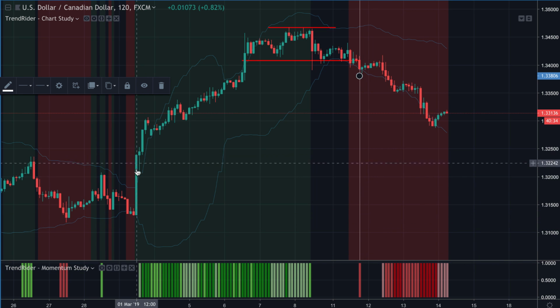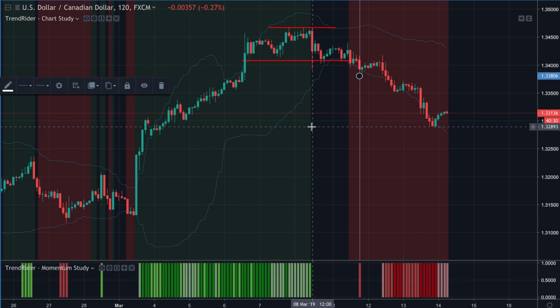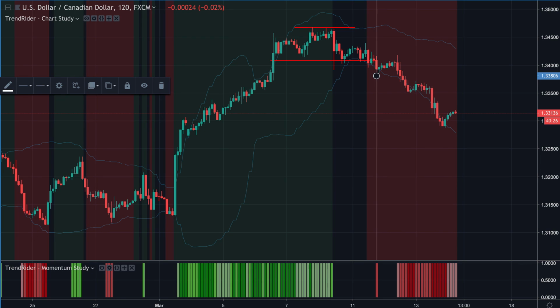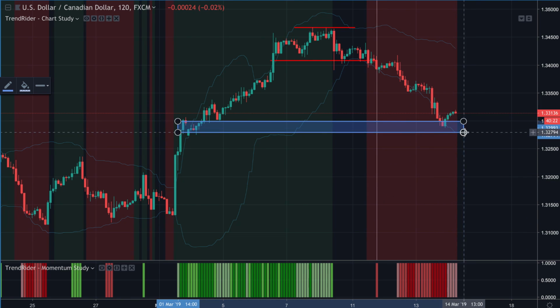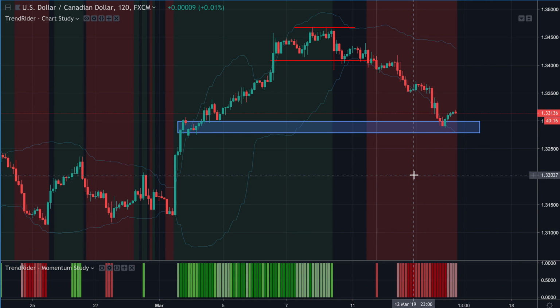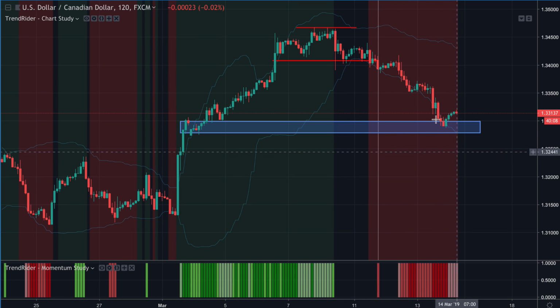You don't catch the absolute top or the absolute bottom, but what you take is the safe in between. I took my exit based on a supply area, or demand in this case, which is located in this region. And you can see for now we are bouncing. The momentum finder is still red, so if you are just using a momentum finder without a fixed target, you were still good to go.